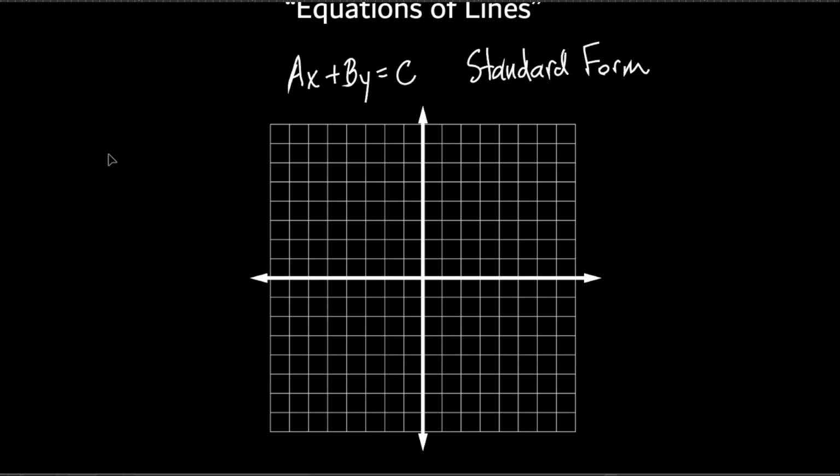What we're going to do is we're going to graph this thing right here. 2x minus 3y. You writing this down? 2x minus 3y equals -6. And they're going to ask you to graph this thing because this represents a straight line.